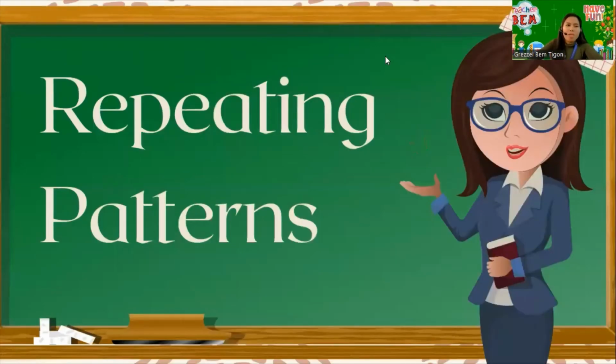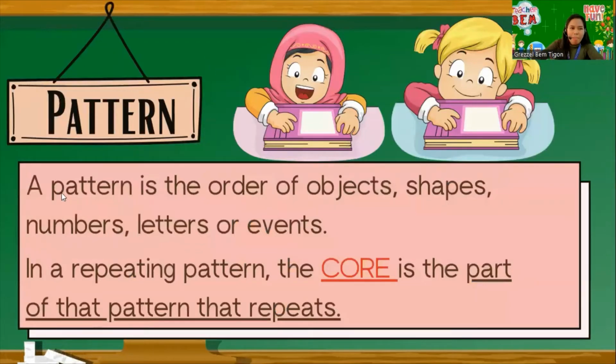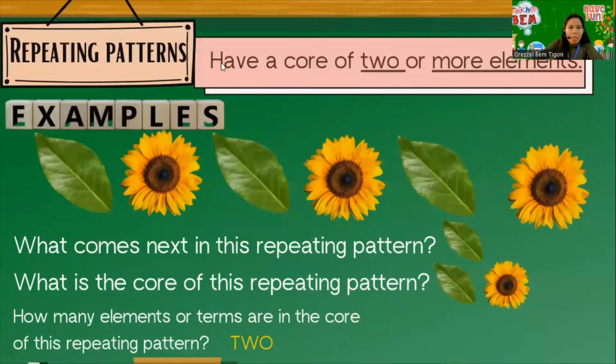Now let's talk about repeating patterns. Again, a pattern is the order of objects, shapes, numbers, letters, or events. In a repeating pattern, the core is the part of the pattern that repeats. The core has 2 or more elements. So we have here, what comes next in this repeating pattern?